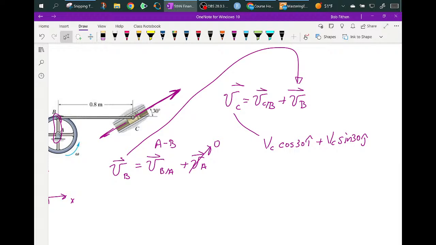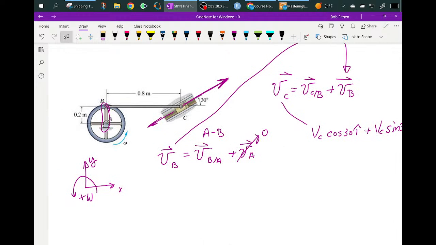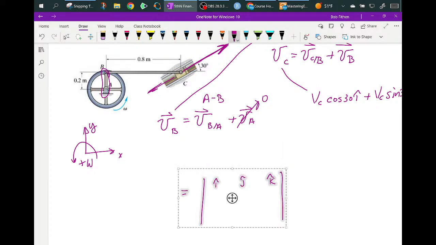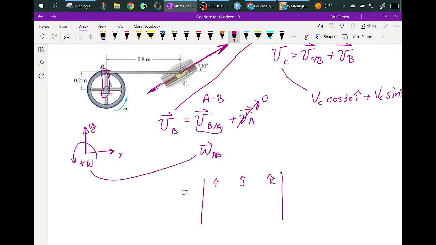So I'm going to end up with J and K. I should move this down because this term would become omega AB, the vector, with the sign associated like that, cross RBA.